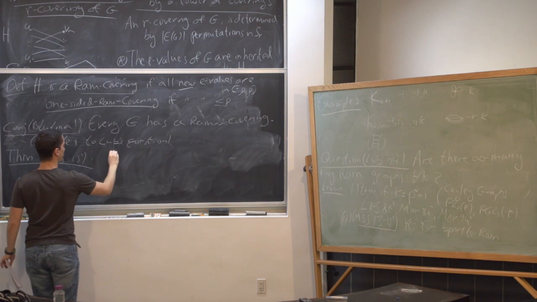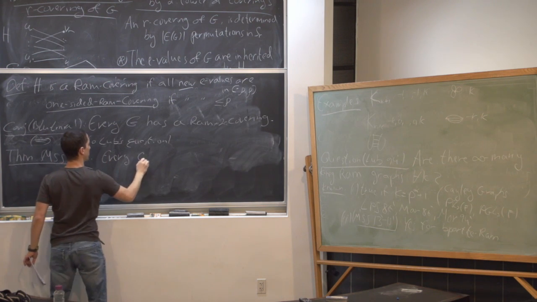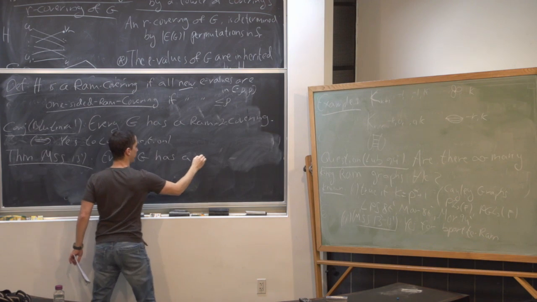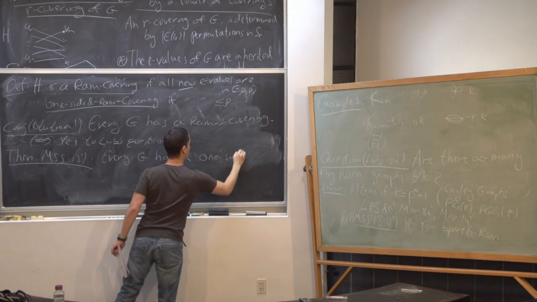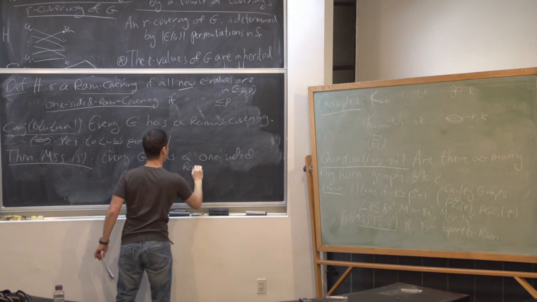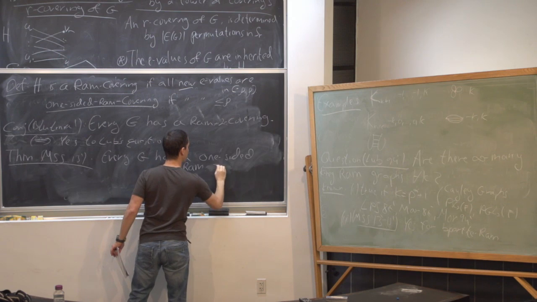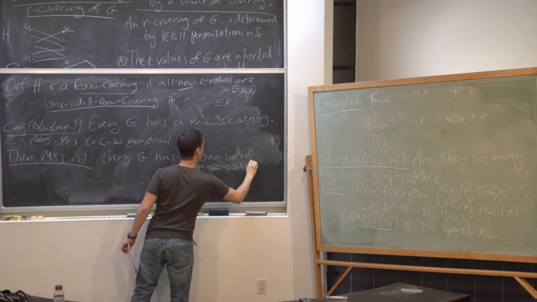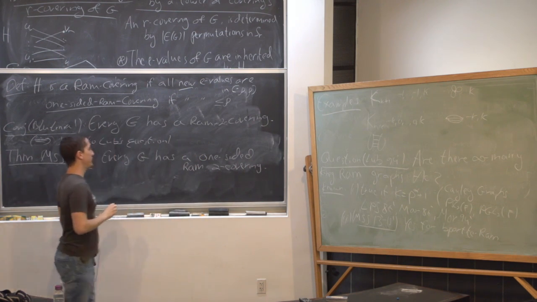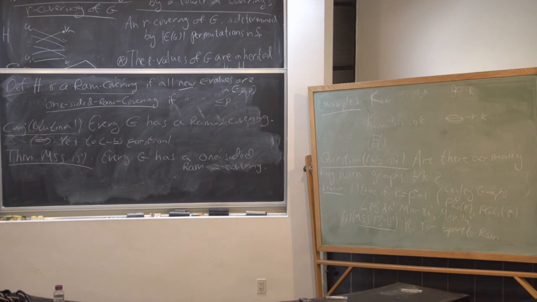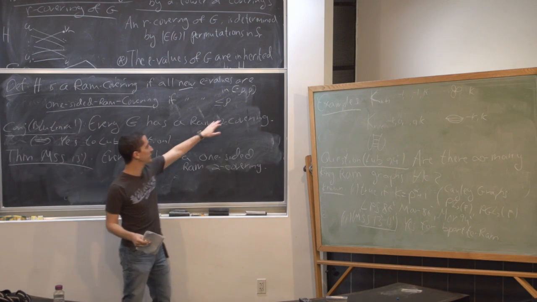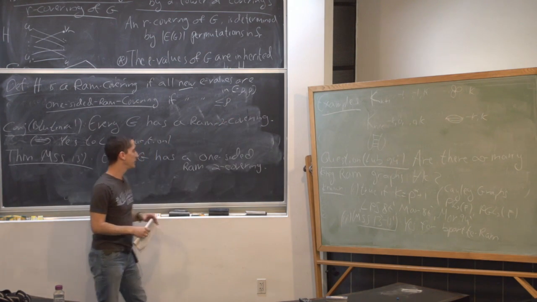They showed that every G has a one-sided Ramanujan 2-covering. They were able to control the new eigenvalues only from one side, not from both sides. They could show that all eigenvalues are at most rho, but not that they are at least minus rho.